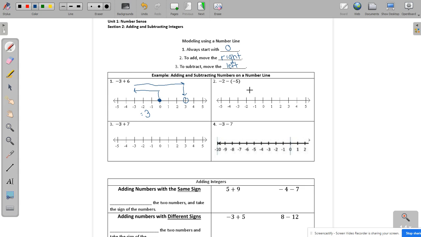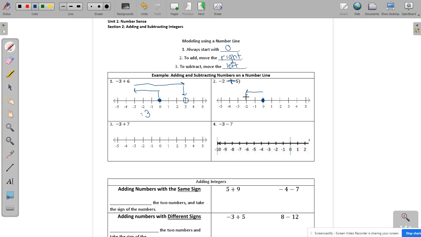Let's look at number 2. We have -2 minus -5. When you have a negative and a negative, it makes a positive. So we're going to add there. So we're going to start at 0. And then we're going to go to the left 2. And that brings us to -2.